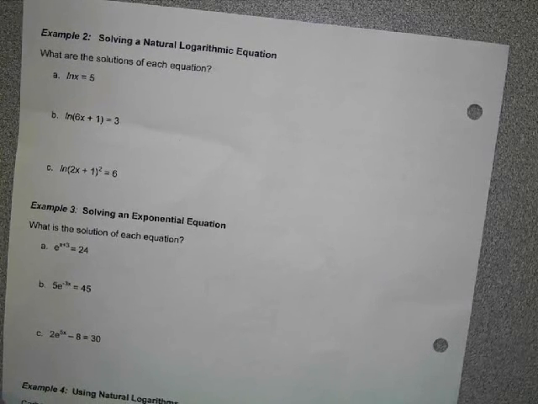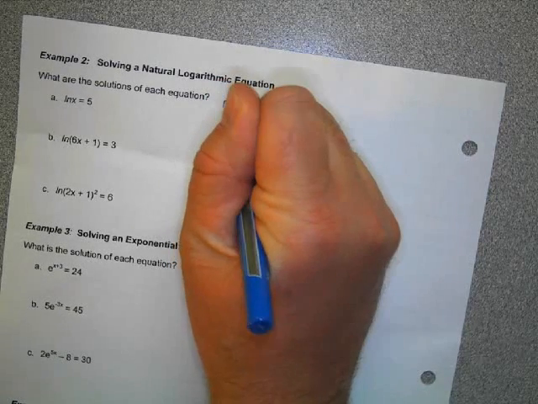Next thing we're going to look at is solving equations. We're going to look at ones that contain logarithms at the beginning. So if you have ln in your equation, you're going to rewrite into exponential form.